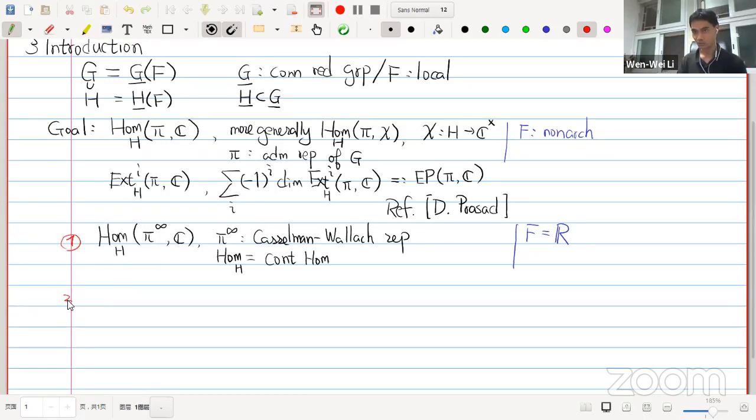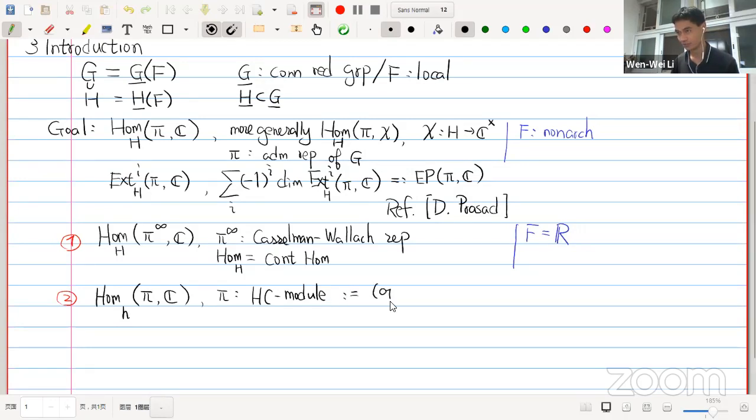Candidate 2 is of a more algebraic nature. Here we consider Hom_h, where h is the Lie algebra of H. When I write h, it is something like Gothic h, but I don't know how to write it. Here we consider Hom_h(pi, C), where pi is a Harish-Chandra module. In this talk, this means a (g,K)-module that is Z(g)-finite.